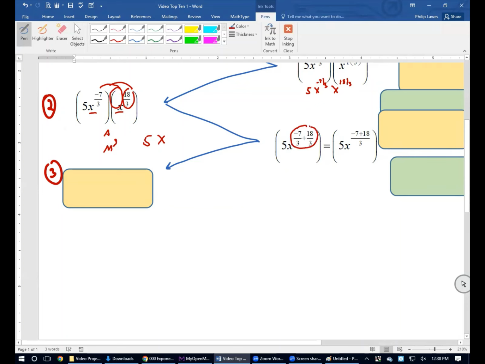Well, since they have a common denominator, I can just add the numerators. So this now becomes 5x, and negative 7 plus 18 is 11 thirds. So that's going to be the final answer, 5x to the 11 thirds power.